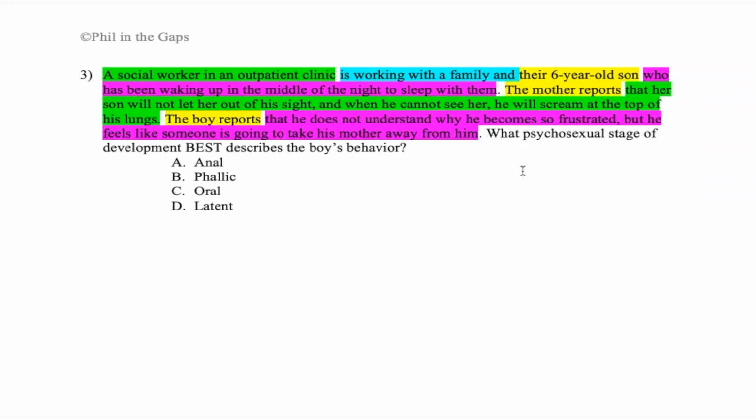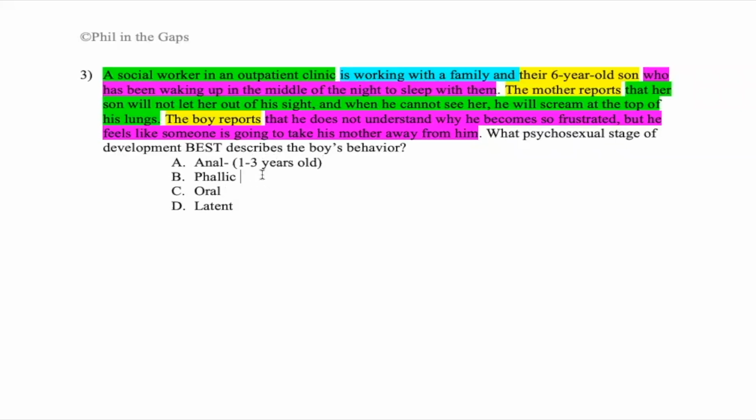Which psychosexual stage of development best describes the boy's behavior? So let's identify each stage with the age, compare the stage back to the question, and utilize the specifics of that stage to identify what the correct answer is. A, the anal stage is from 1 to 3 years old.